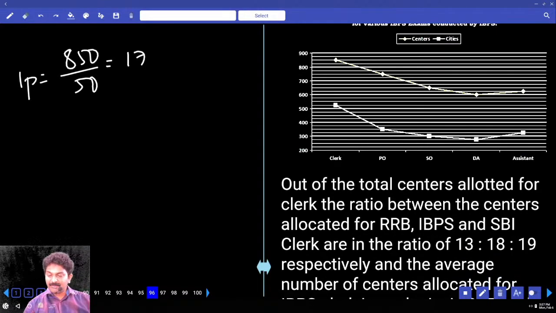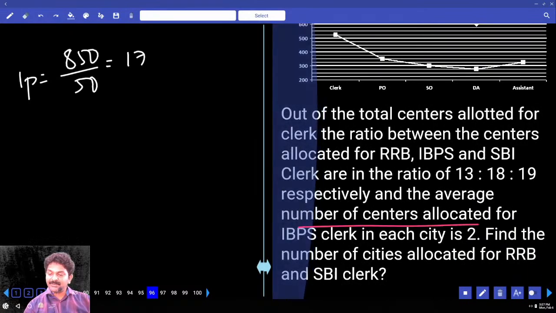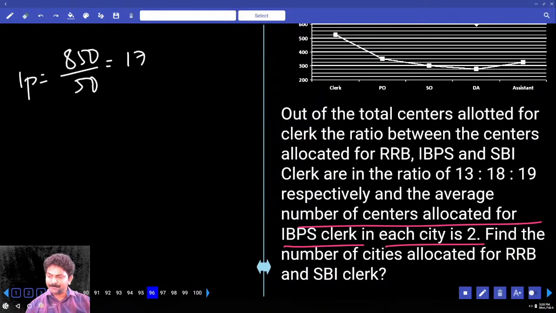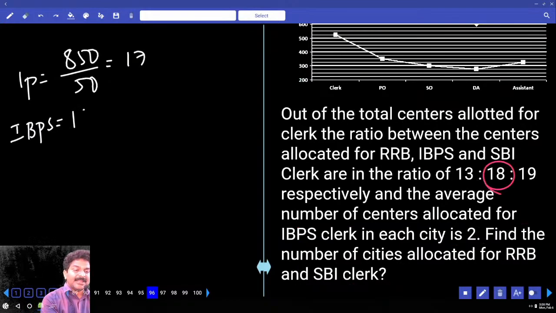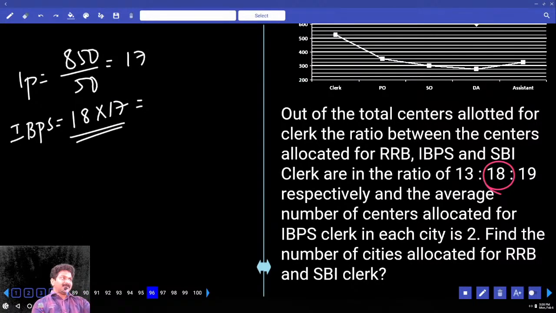Right. So now the average number of centers allocated for IBPS clerk in each city is 2. Find the number of cities allocated for RRB and then SBA. Now for IBPS, how many parts do we have? 18 parts, in the sense 18 into 17 only. 18 squared minus 18, 324 minus 18, 306.